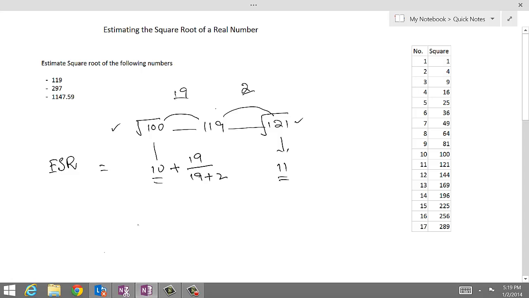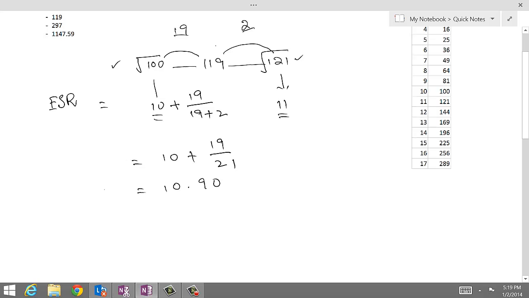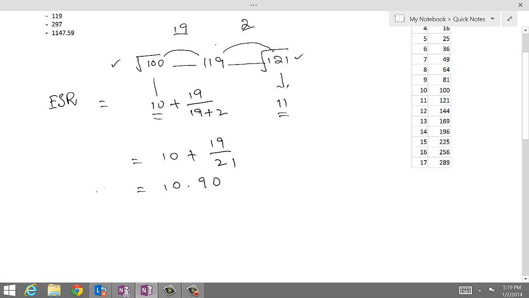This is equal to 10 plus 19 over 21, which gives us 10.90. It is only an estimate and may differ from the actual square root of 119. Therefore, we can say that the square root of 119 is estimated to be 10.90.